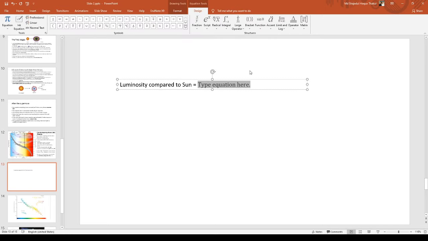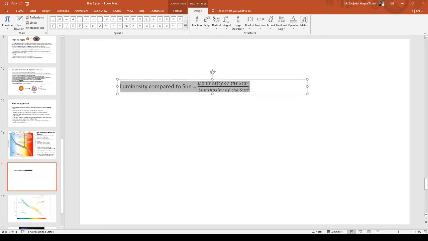So if I just add a fraction here, this just means luminosity of the star divided by luminosity of the sun.